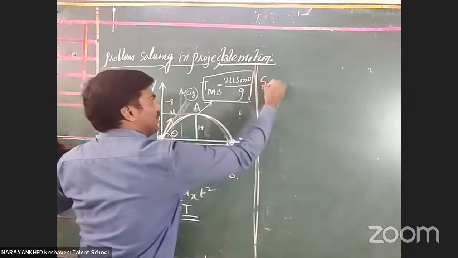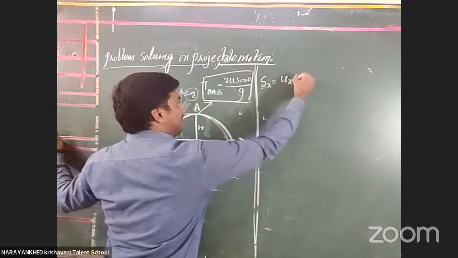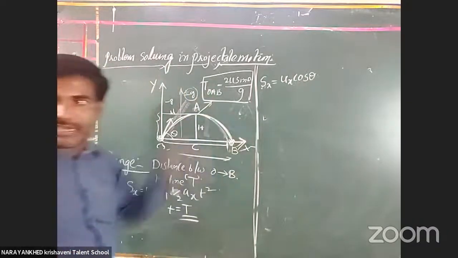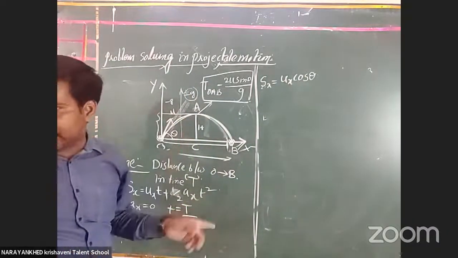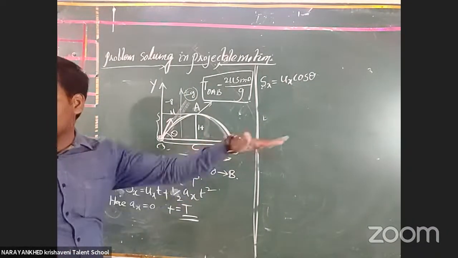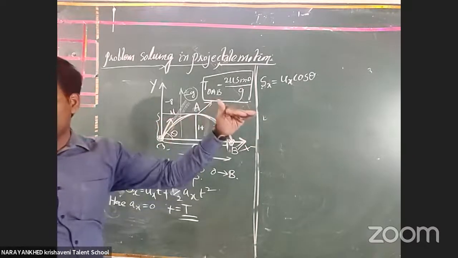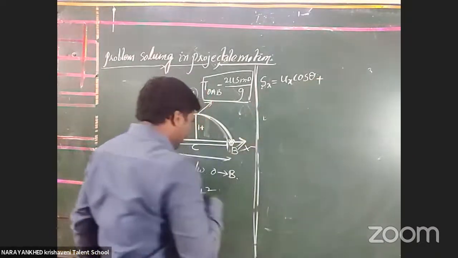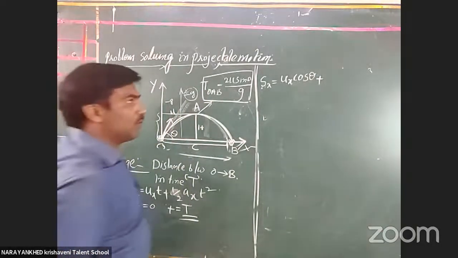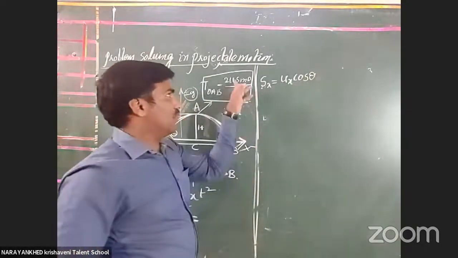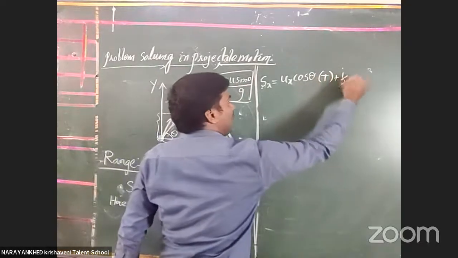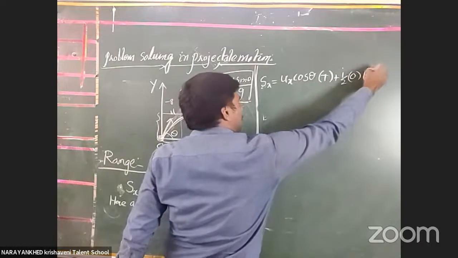Sx is equal to, since it is along the x-axis, ux is u cos theta. Along the vertical you take sin theta; in the horizontal you take cos theta. Then plus ax, which is 0, into t square, plus half 0 into t square.